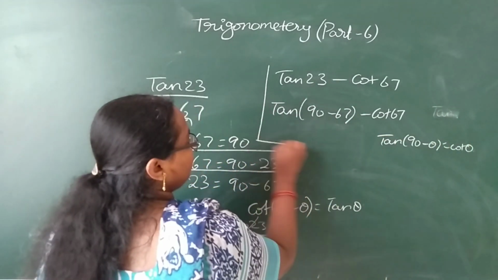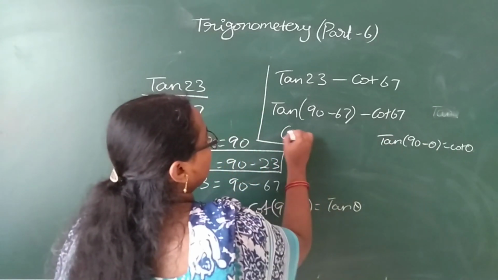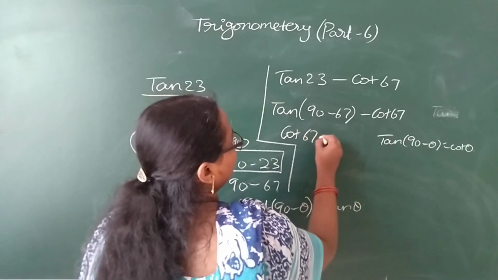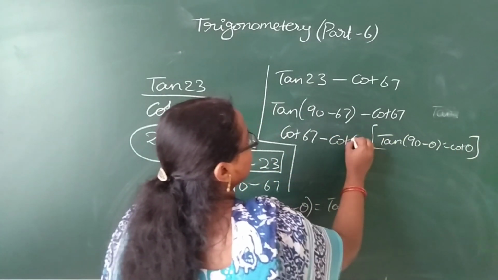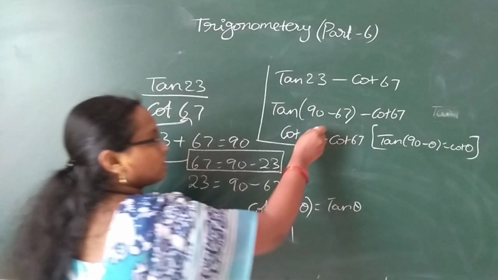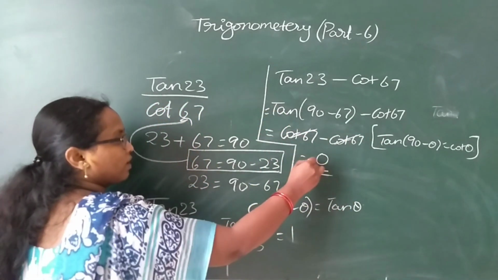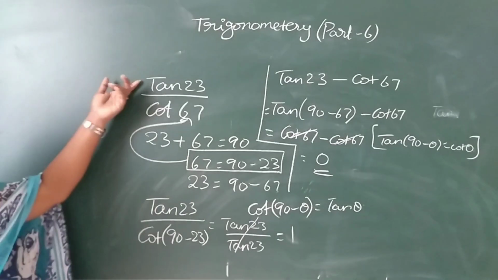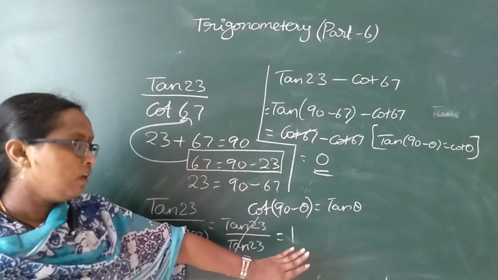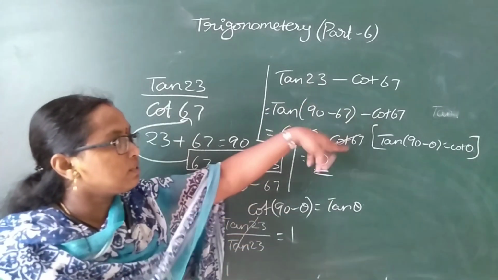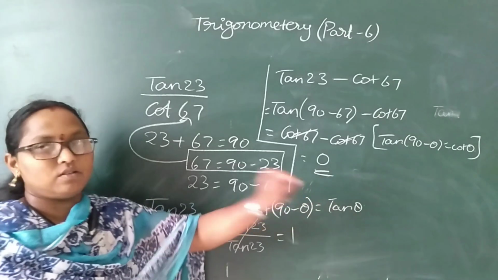Now in the place of tan 90 minus theta, I am going to write cot 67, minus cot 67, and you will get 0. So if numerator by denominator fractions are there, it will almost always equal 1. If addition or subtraction combinations are there, the final answer you will almost always get is 0.